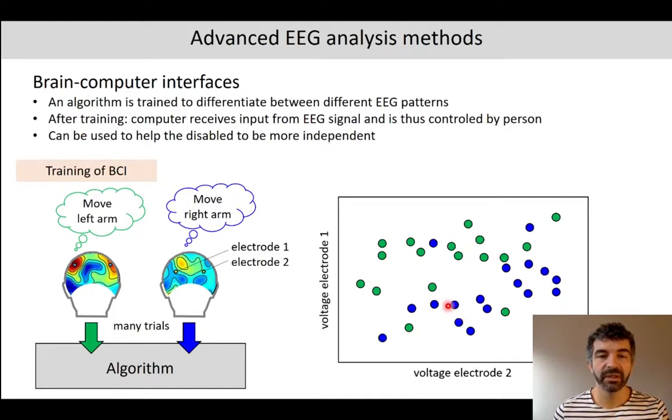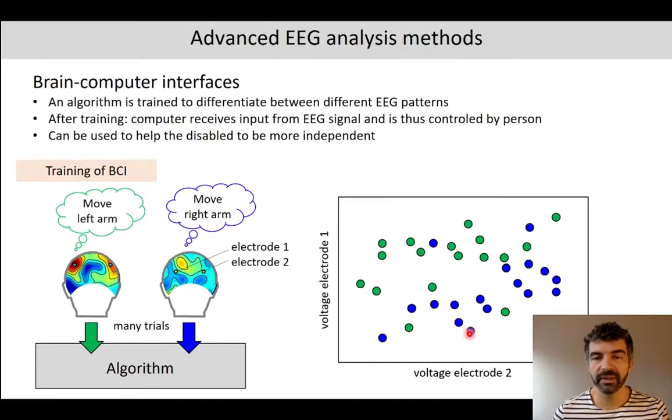So, to give you an example of how to read this: this is one trial, and here participants were instructed to think about moving their left arm, and the voltage at electrode 2 was somewhere here. The voltage at electrode 1 was somewhere here.